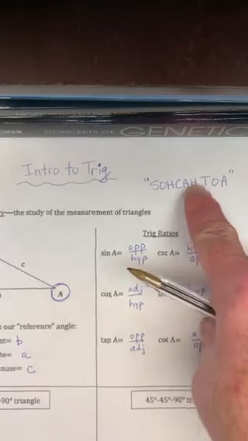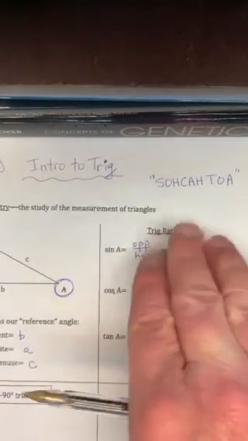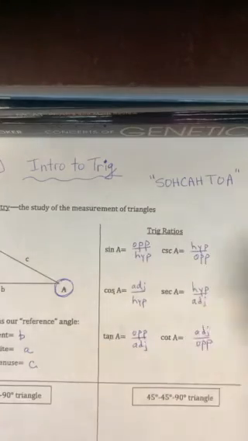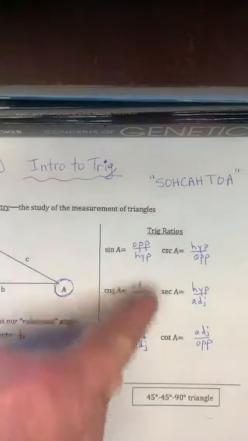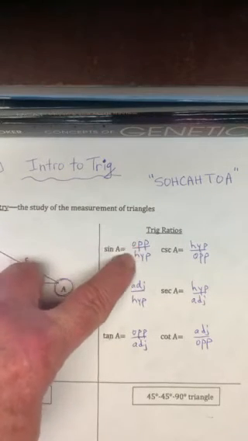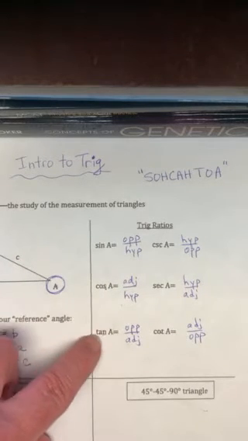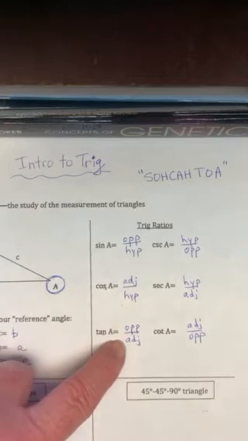So you've got to have this in your notes. You will have this out every day for the next 2 or 3 days when we do a little bit of trig, and you'll refer to these formulas every day. Sine is opposite over hypotenuse. Cosine is adjacent over hypotenuse. Tangent is opposite over adjacent. Okay?